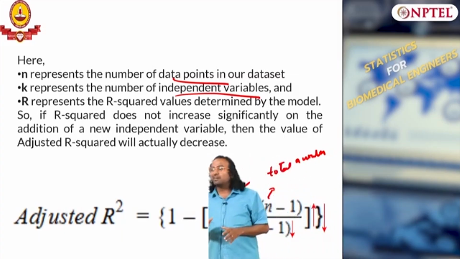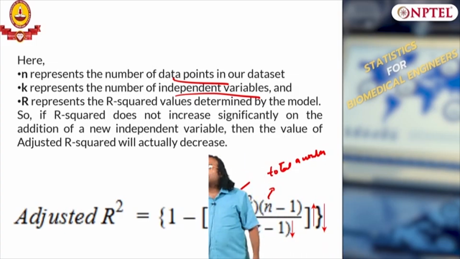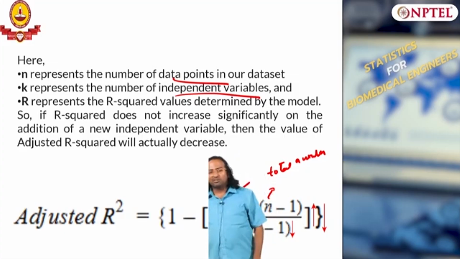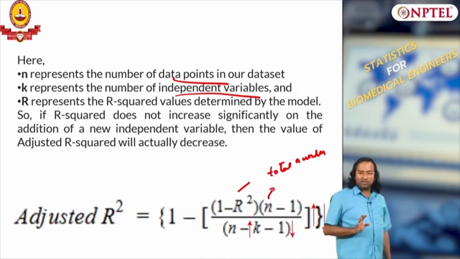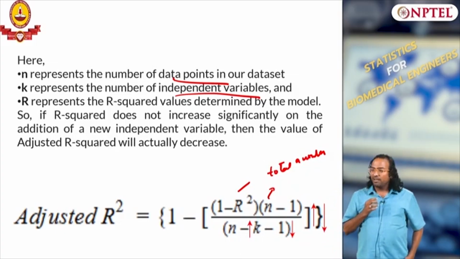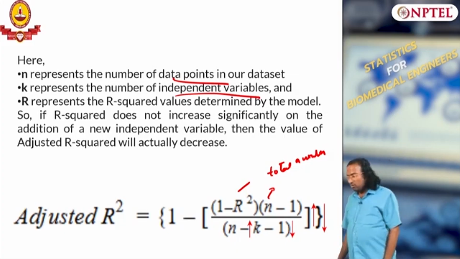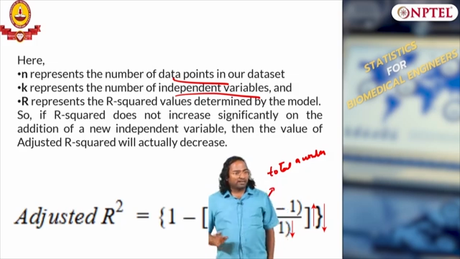It will tell you whether to add a new independent variable into the model or not. That is the whole idea behind adjusted R square. Make sense, everybody? Okay. So that sums up our linear regression and multivariate regression.